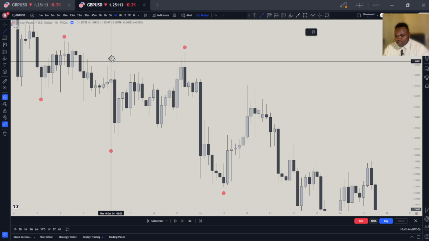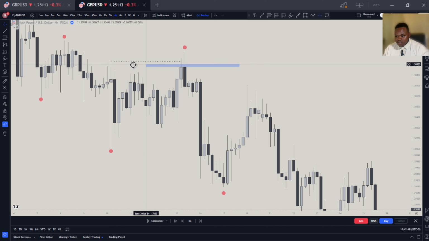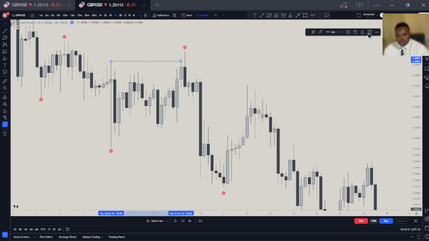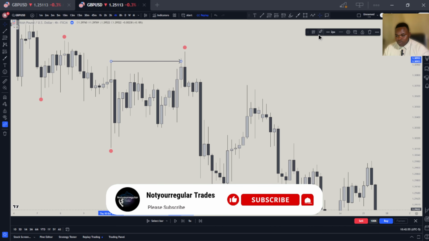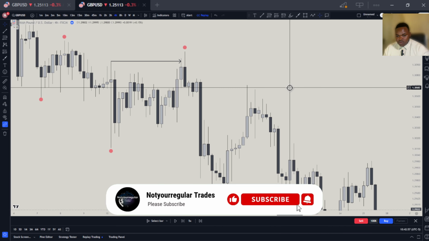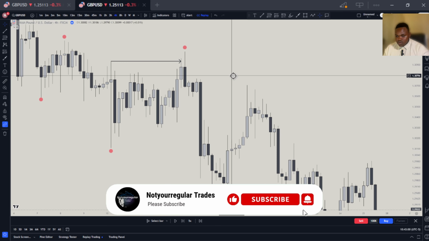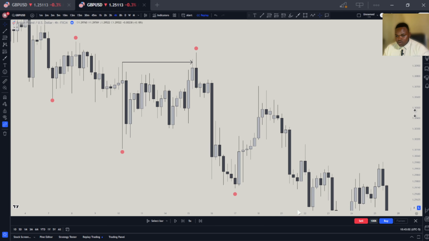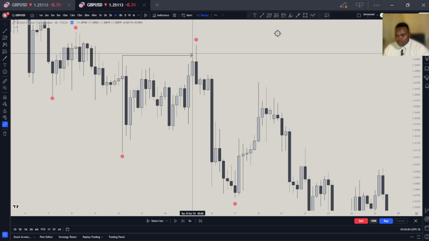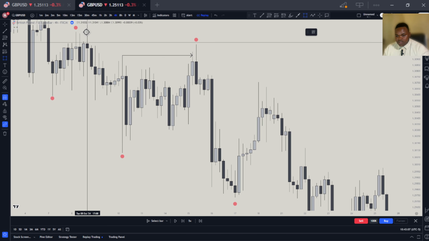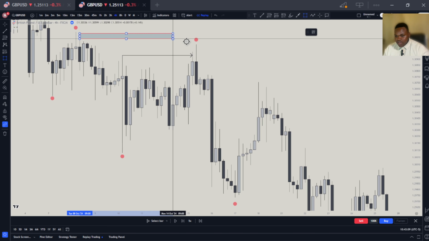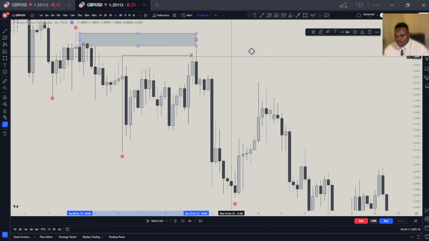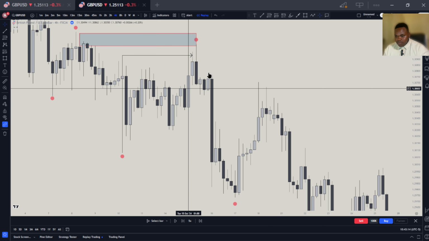As you can see here, this high was swept. This high here was swept. This high here was swept. There is an order block somewhere here, maybe on a much lower time frame, a fractal time frame.